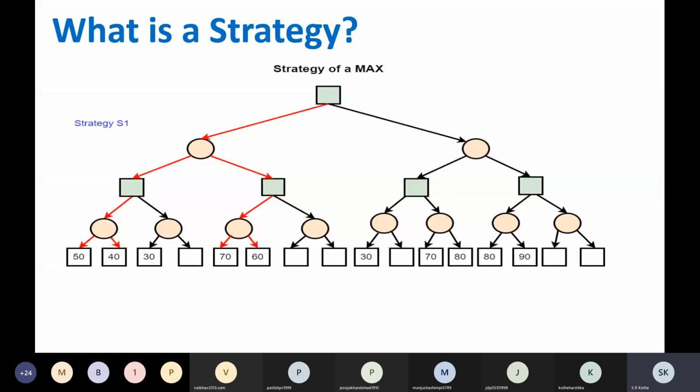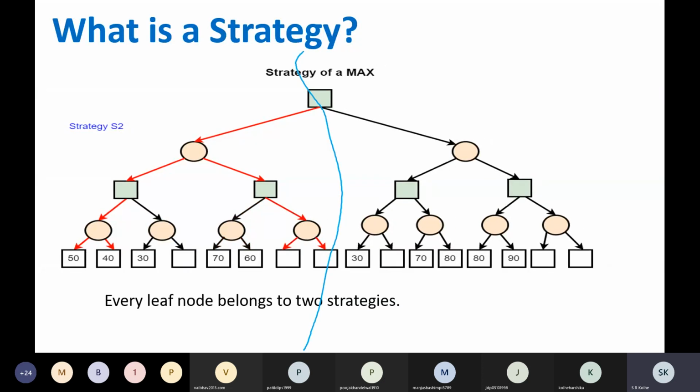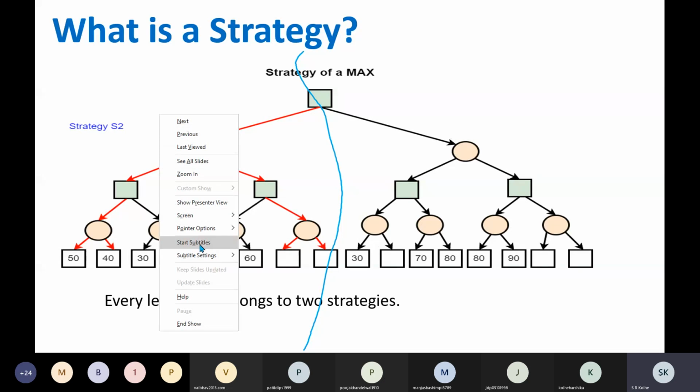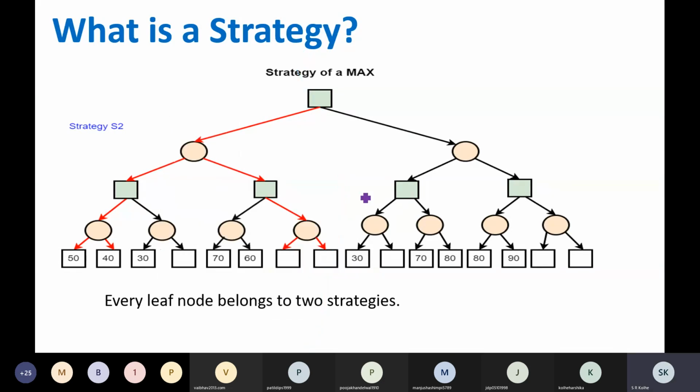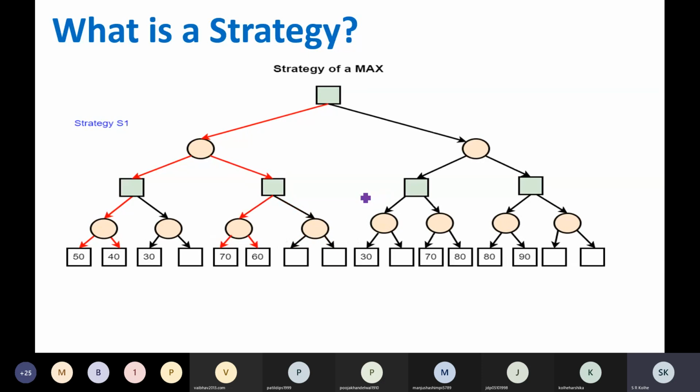One strategy, S1, I have shown with the red color subtree. S2 is shown with this red color subtree. What is the difference between S1 and S2? In S1 we have selected this part, the left part, for this max.